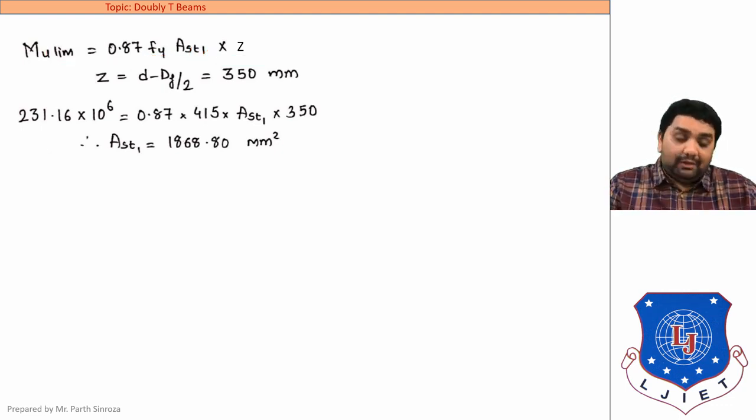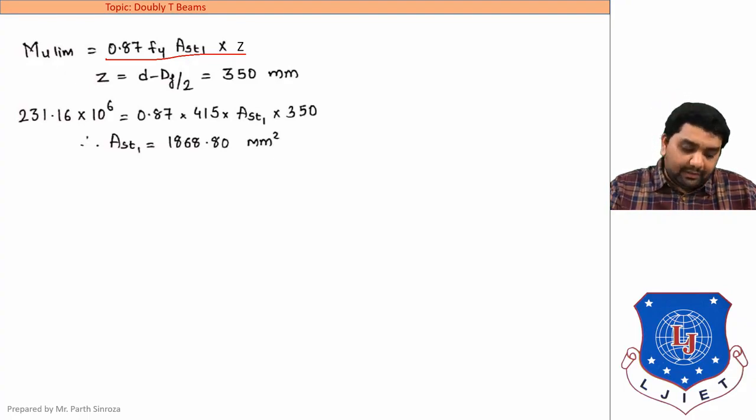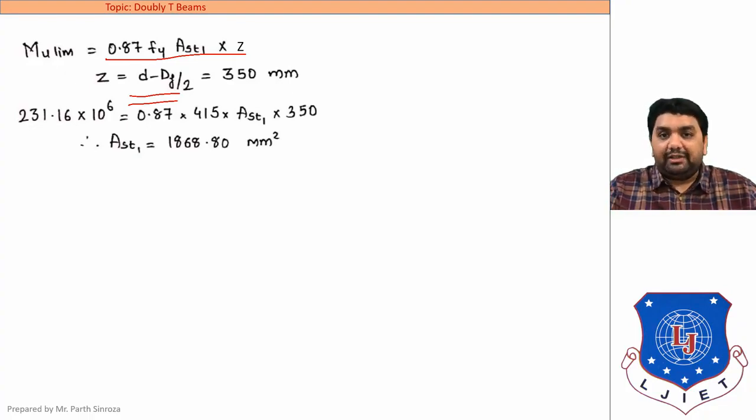So to find Ast1, we will be using this equation, that is T into Z, and T is 0.87 fy Ast1, into Z, and Z being d minus Df by 2. In every case we will be using Z, that is lever arm, equal to d minus Df by 2. Why Df by 2? Because in general it is a T-beam. It is not a pure WRC section. It is a T section. So we will be using d minus Df by 2.